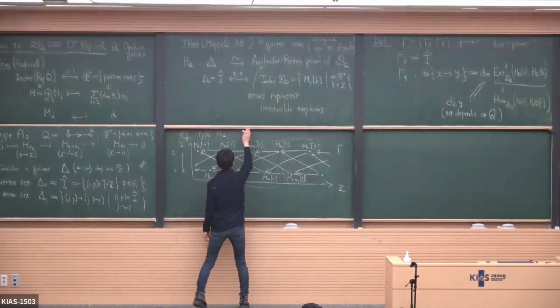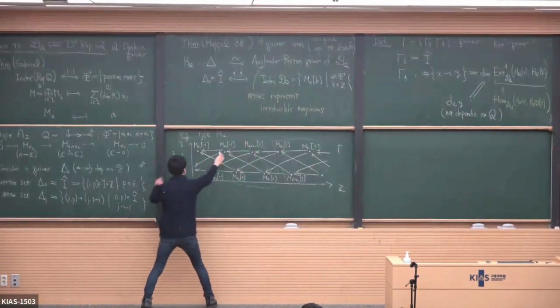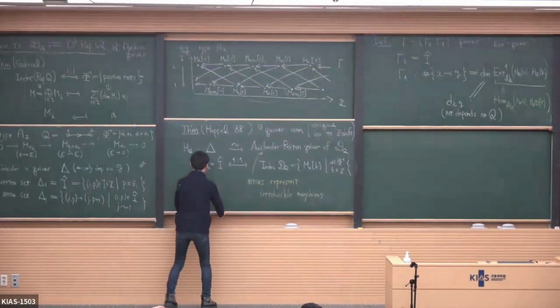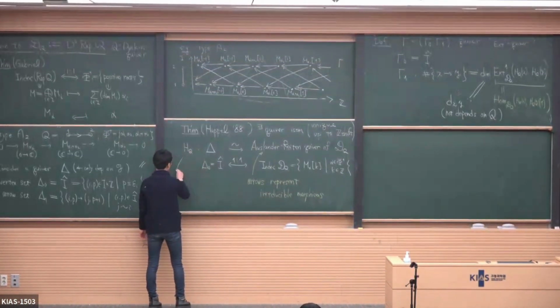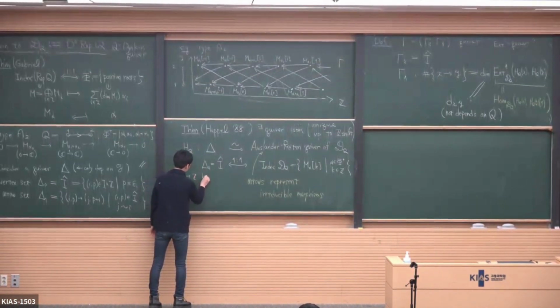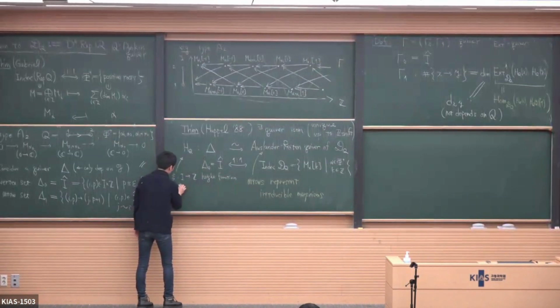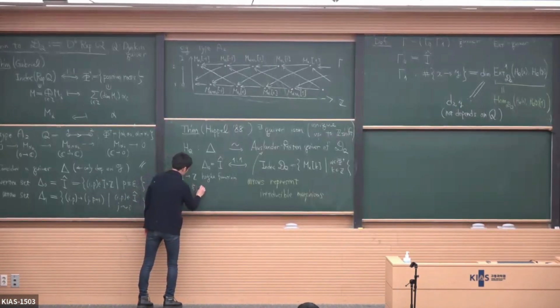Yeah, this isomorphism depends on the choice of Q. So to describe this, we have to take a so-called height function. This is an integer valued function satisfying this condition.